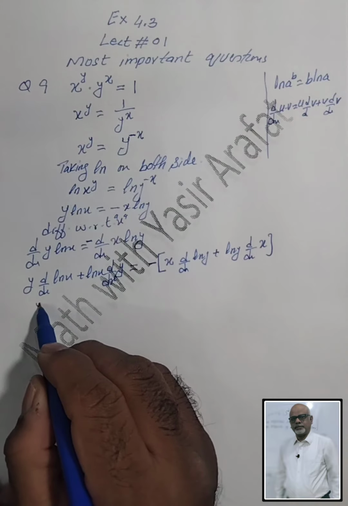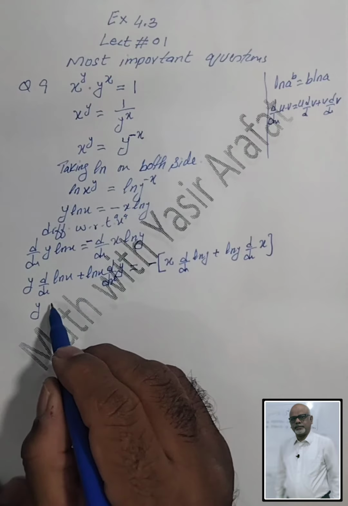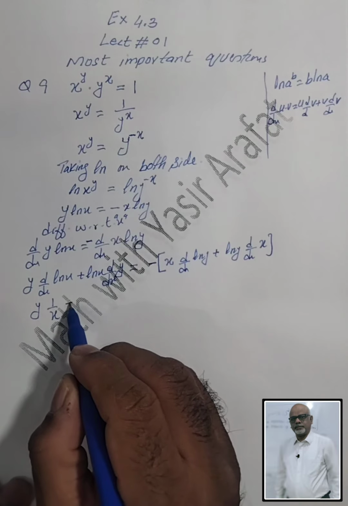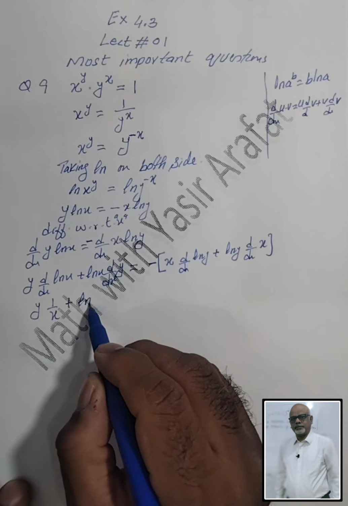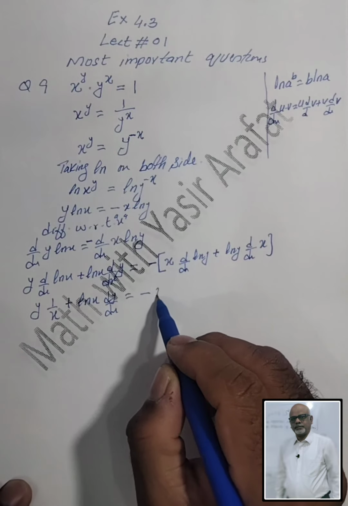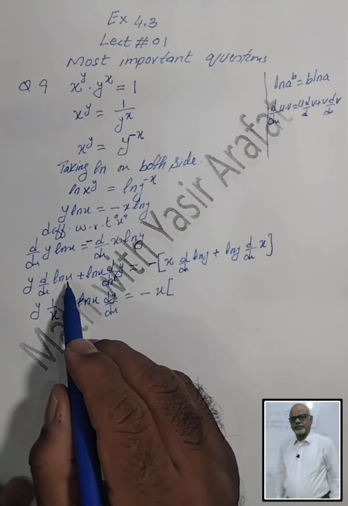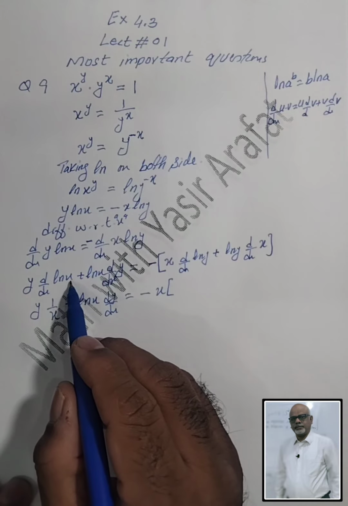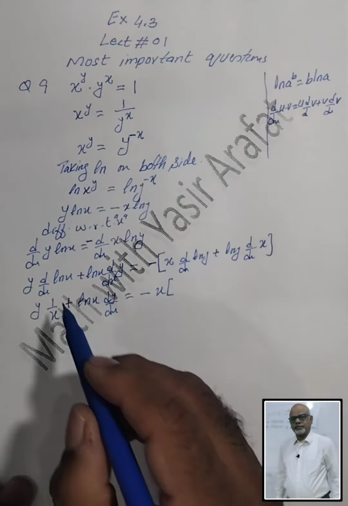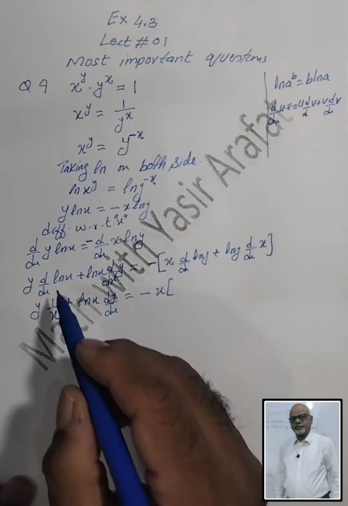So here derivative of ln x, it is 1 upon x. So this is ln x. The derivative of y will be equals to dy upon dx. Derivative of y is dy over dx. If we have to find out the derivative of x, it will be equals to 1. So there is no need to find out the derivative of x here.